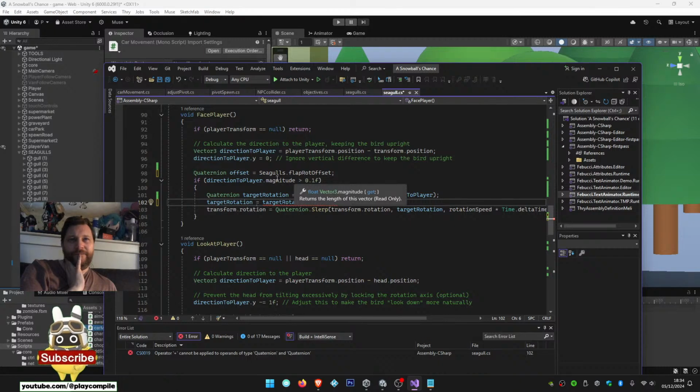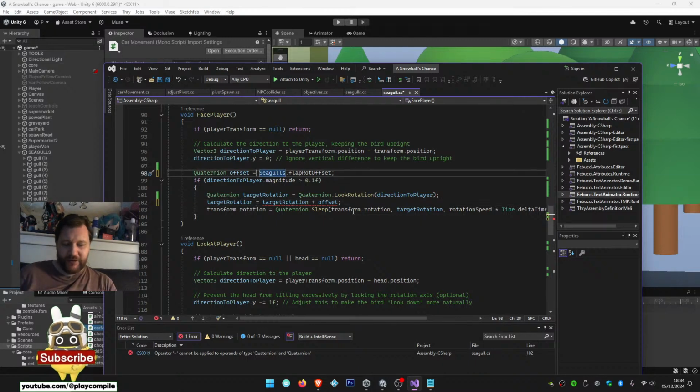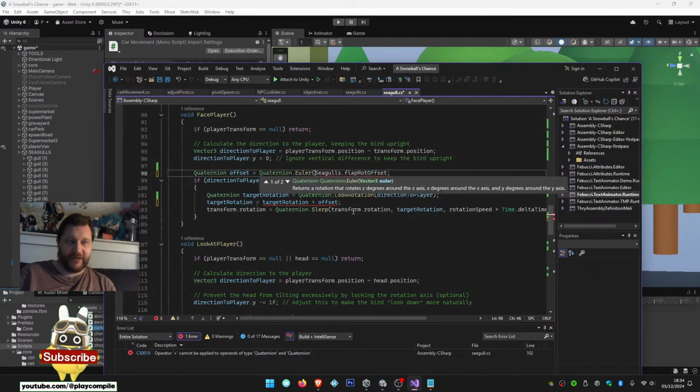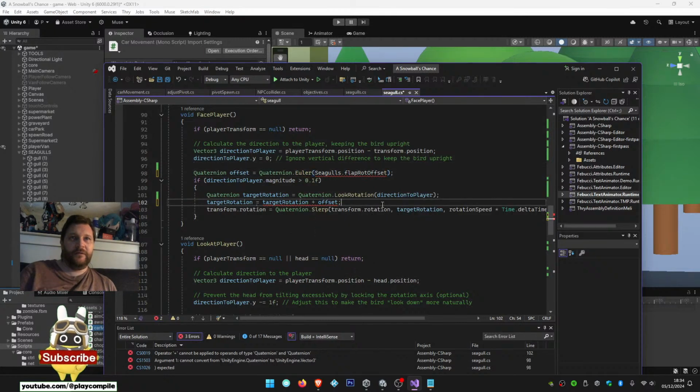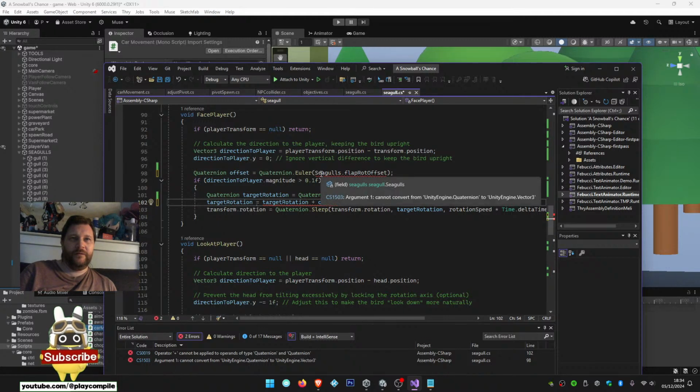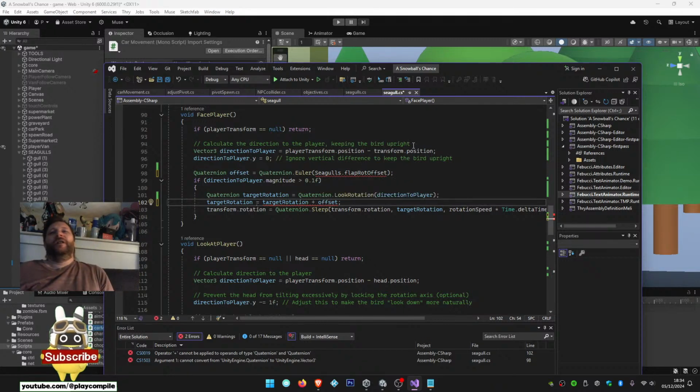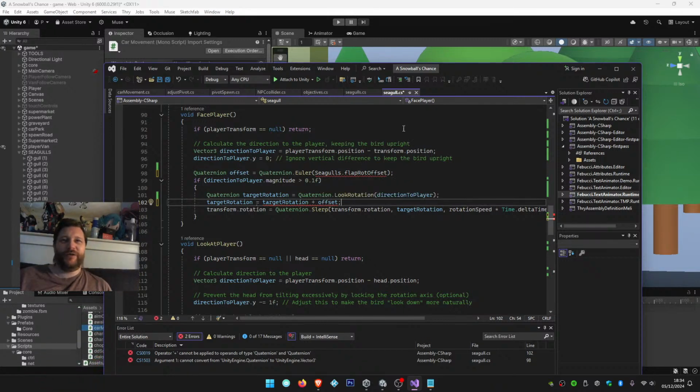So would I just say quaternion.euler and then pass it the parameter? No. I am so confused. I don't understand.